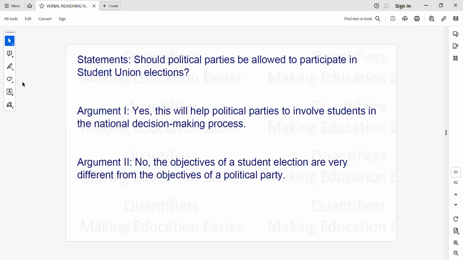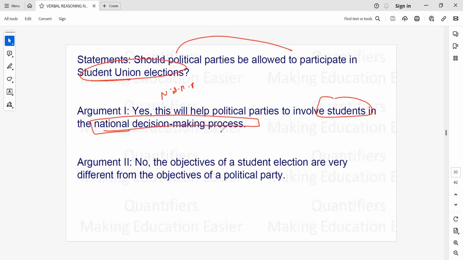Now, should political parties be allowed to participate in student union elections? Yes, this will help political parties to involve students in the national decision-making process. What is this national decision-making process? How will political parties participating in student union elections make students part of the national decision-making process?